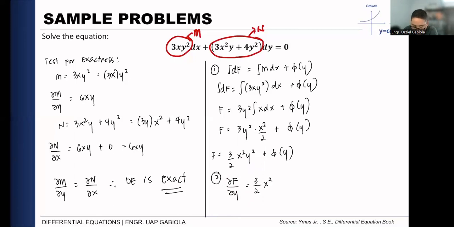Okay? And then yung derivative ng y squared ay 2y. Yan yung first term natin. Then second term natin will be derivative ng phi, phi prime y. Okay? Simplify. We have 3x squared y plus phi prime y. This is our partial of f with respect to y.